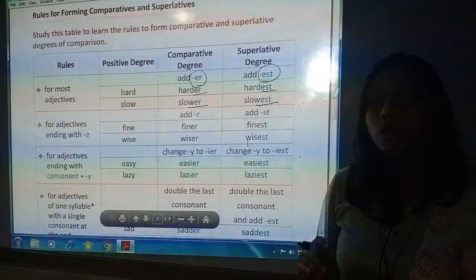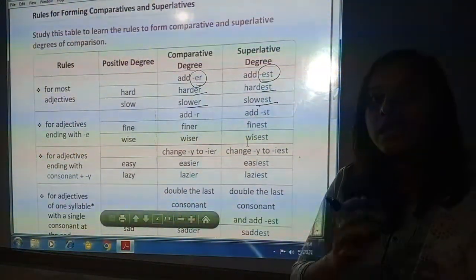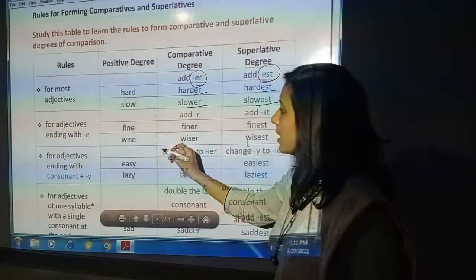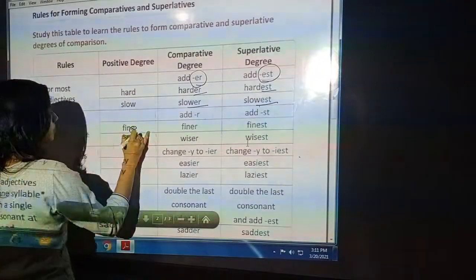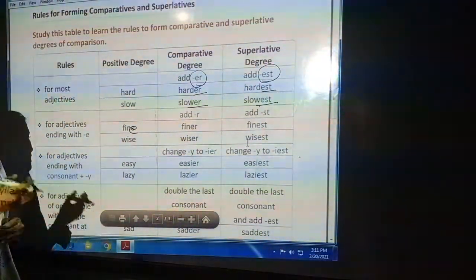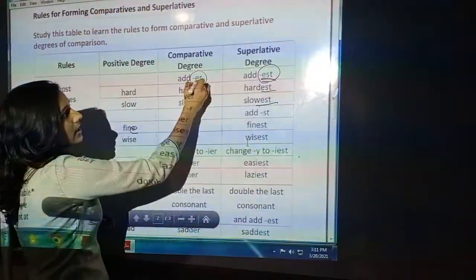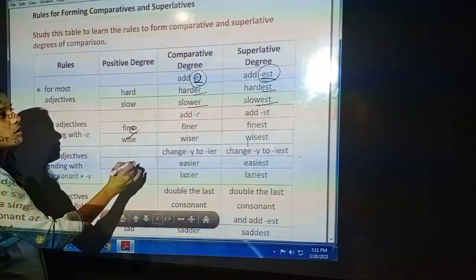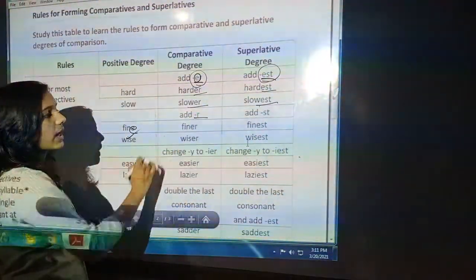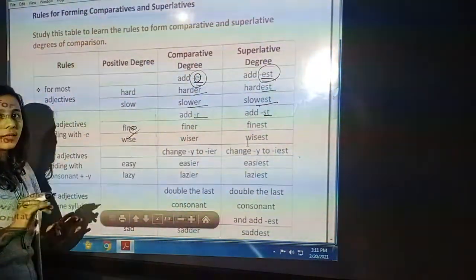Now, those adjectives which are ending with E, the letter E is already added in the spelling. So then we will not add E again. Here we used to add ER, EST. So as the E is already given here, we will not add E, but instead of that we will add only R and ST. Clear?